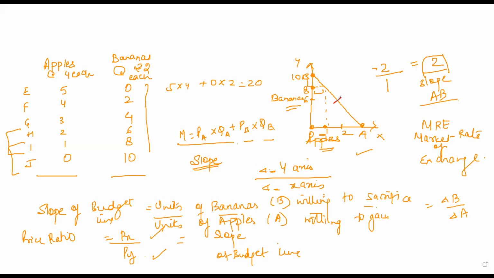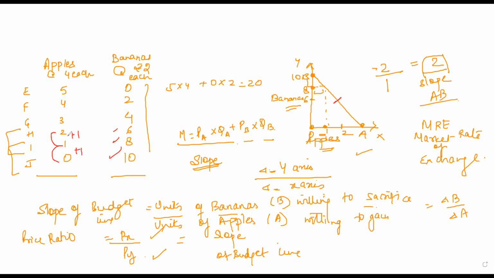So if the consumer wants to have one more unit of good one, let us say these apples, then he'll have to give up some amount of good two, that is your bananas. When you want to add one more apple, for this you have to forego some amounts of bananas.